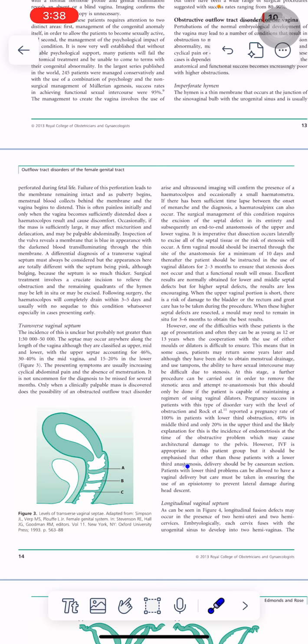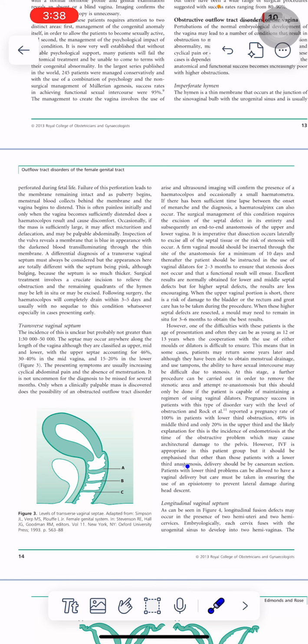Delivery should be done by cesarean section. Patients with a lower third problem can be allowed a vaginal delivery, so we can give the option of vaginal delivery. But with an upper third septum, we usually will not advise vaginal delivery, and episiotomy should be ensured to prevent lateral damage during head descent.